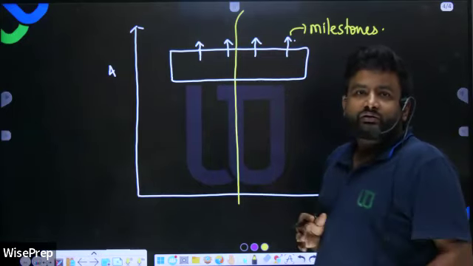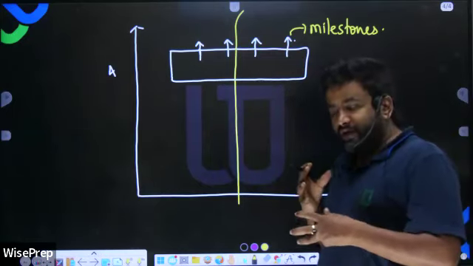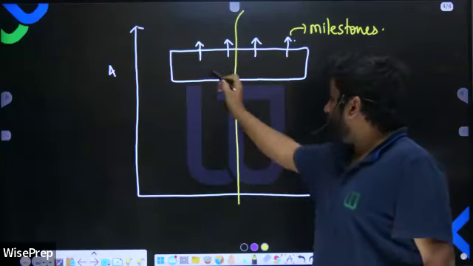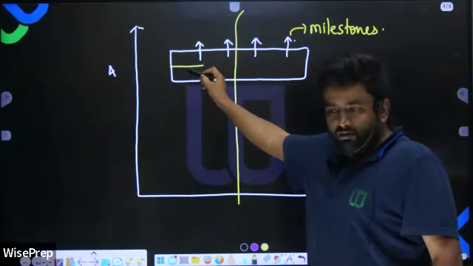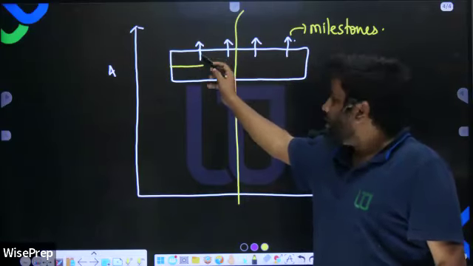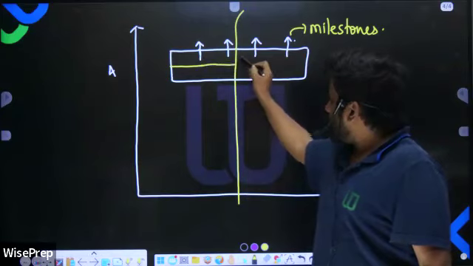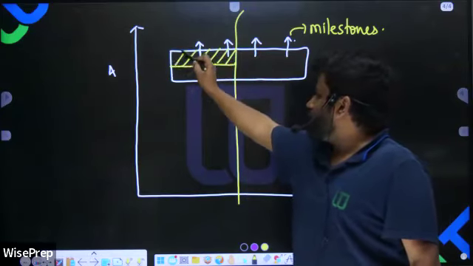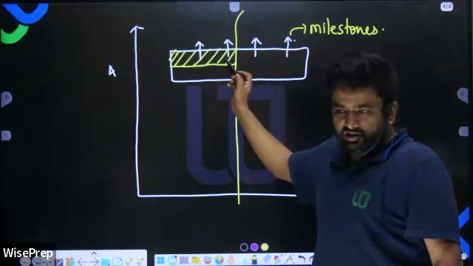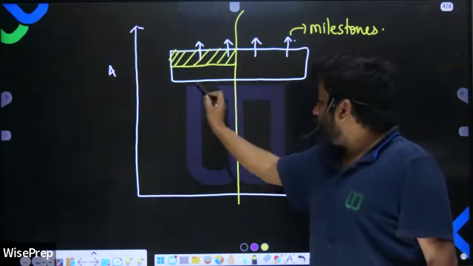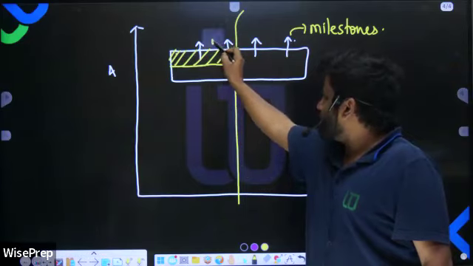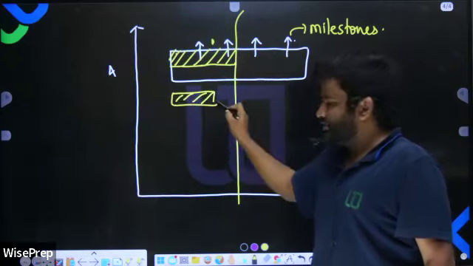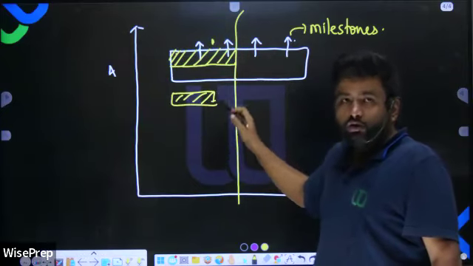We show the progress of each activity by hatched lines along the width. If the project is on time up to this point, we will hatch up to here. If the project is only up to this point, we will hatch only up to there.